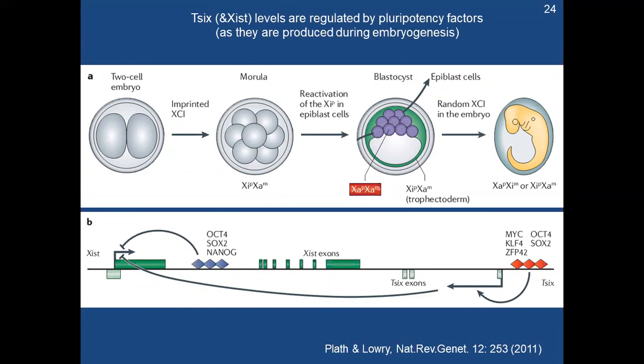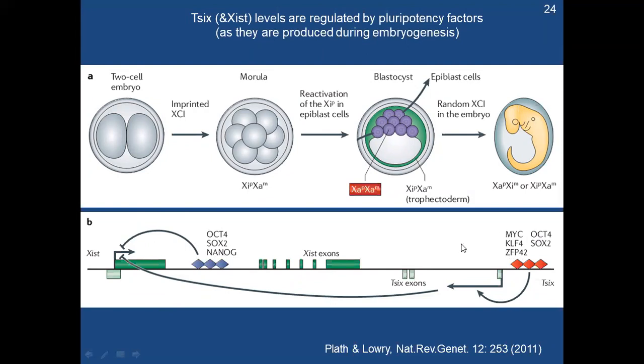Maternal effect genes? No, you remember, if you transfect cells with OCT4, SOX2, and NANOG, you can make those cells embryonic cells. These are pluripotency factors, and they are all transcription factors. These are also pluripotency factors, same here, OCT4, SOX2, KLF4, as well as these two.